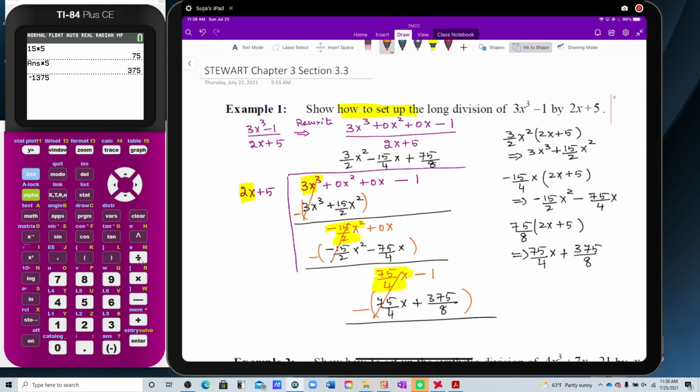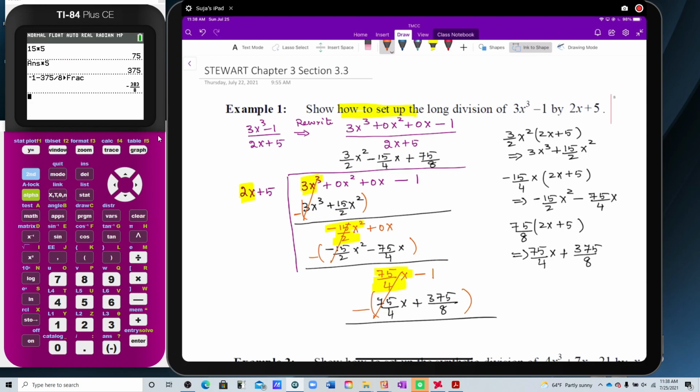So minus 1 minus 375 divided by 8. Now if I want my answer in fraction, in the calculator, you can just hit math, and then if you hit enter twice, you'll get the answer as a fraction.